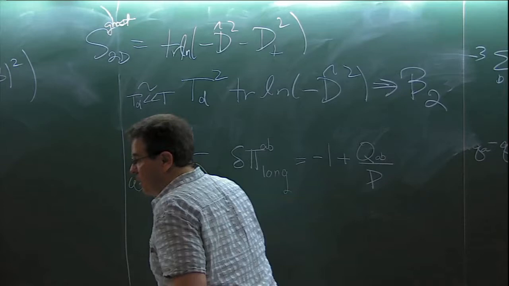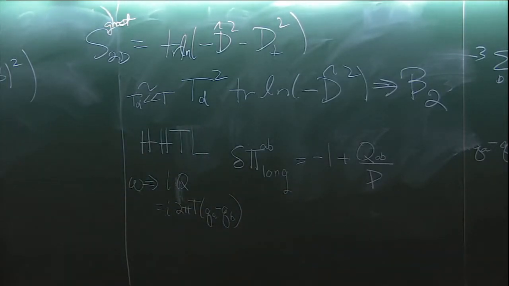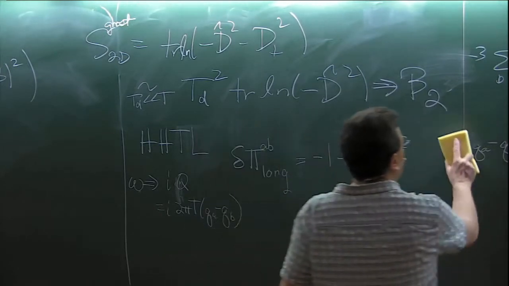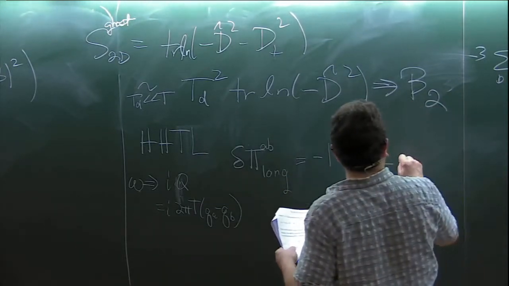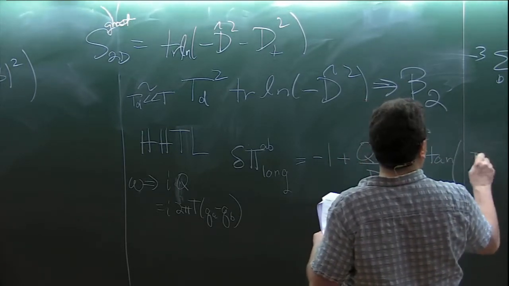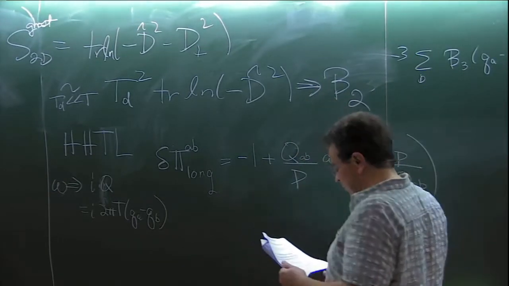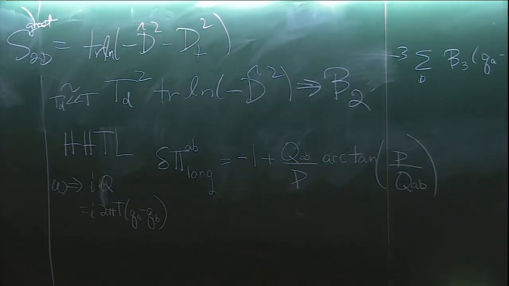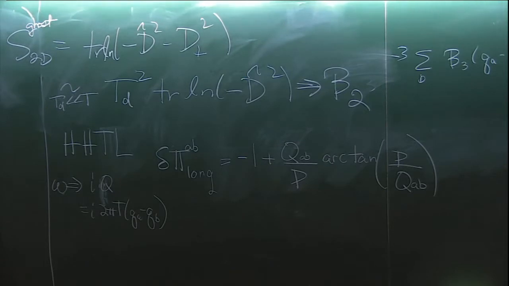It's a function of Q over the spatial momentum times arctan of P over QAB. And similarly for the transverse.